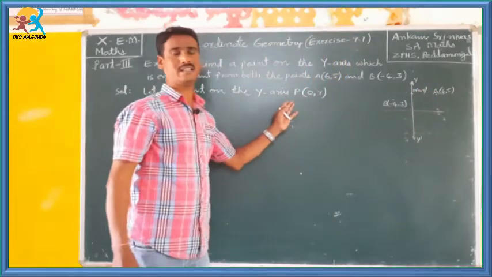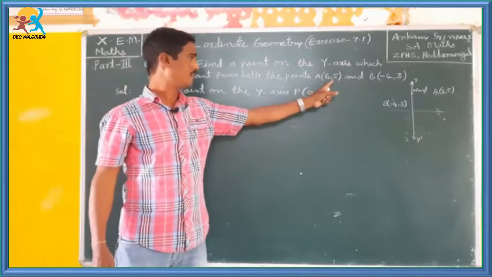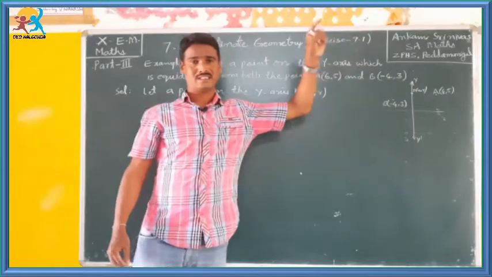This point is equidistant from A(6, 5) and B(-4, 3).